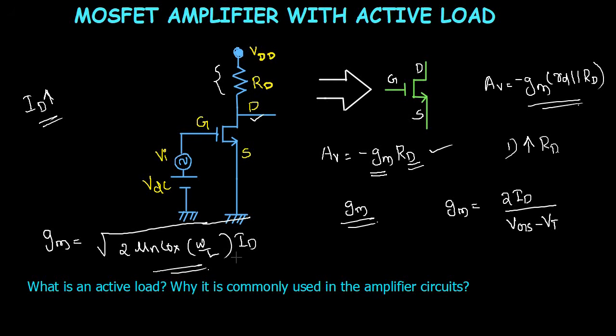So as we increase the width to length ratio, we can increase the transconductance. But when we increase the width to length ratio, the area of the MOSFET also increases, and the MOSFET requires more space in the IC.